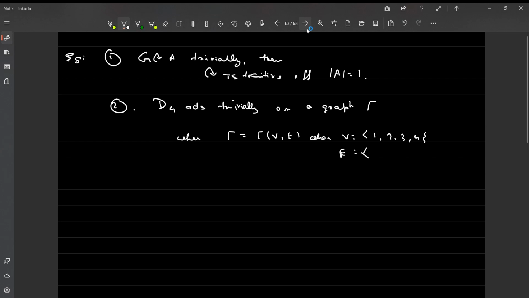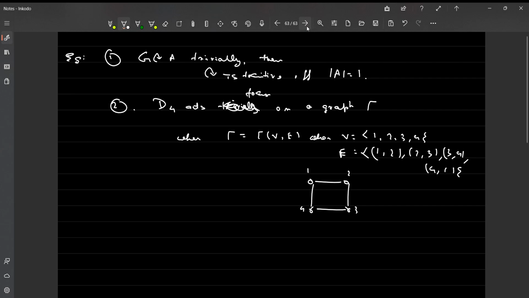So 1, 2 is an edge, 2, 3 is an edge, 3, 4 is an edge, and 4, 1 is an edge. So we can consider this in the form of a square, let's say. So we have 1, 2, 3, and 4. Clear?